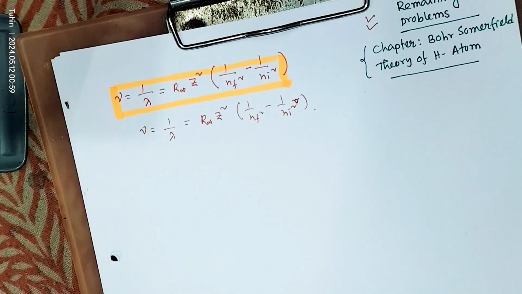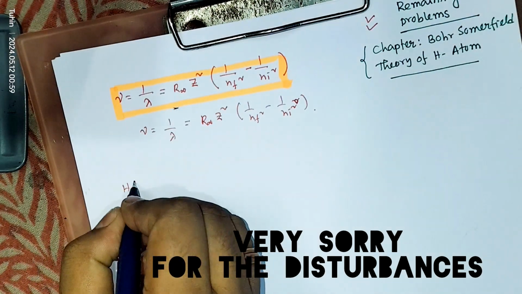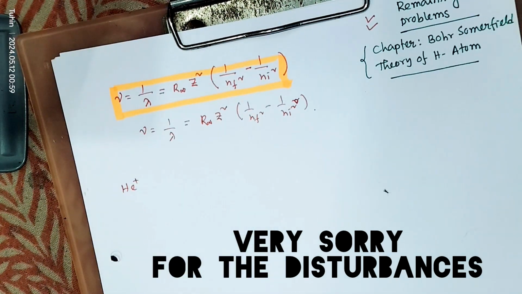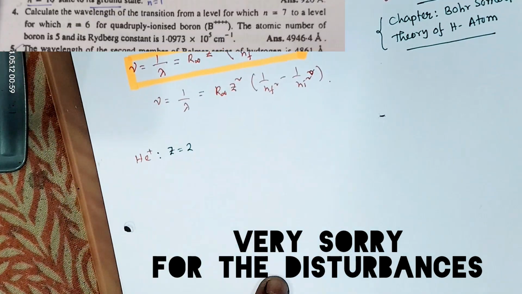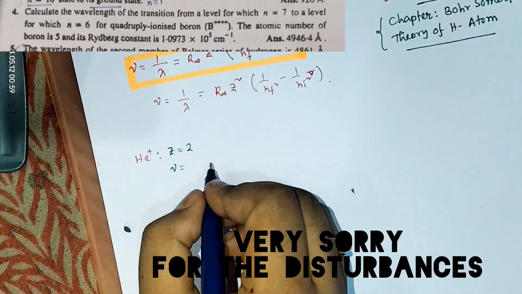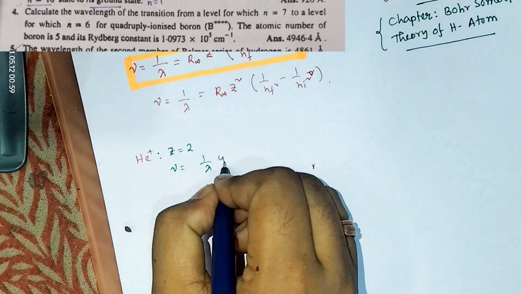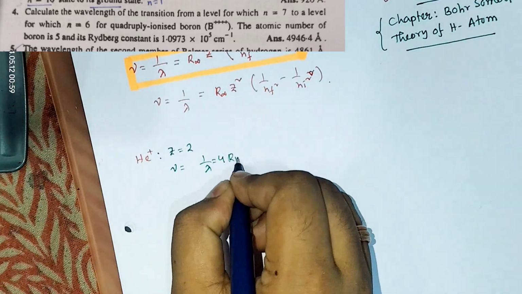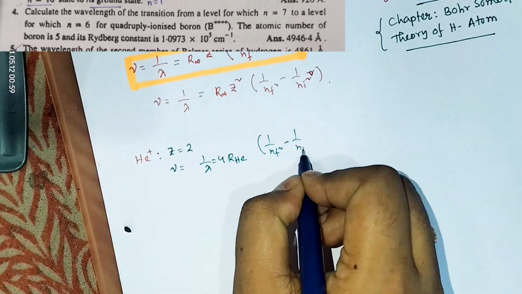So for singly ionized helium, He plus, you will get Z equal to 2. And if Z equals 2, then what will you write? Nu equals 1 by lambda, and this is Z square, so 4 R He, into 1 by nf square minus 1 by ni square.